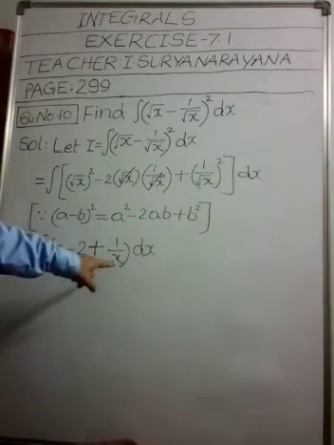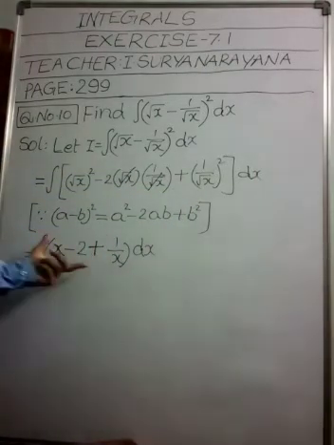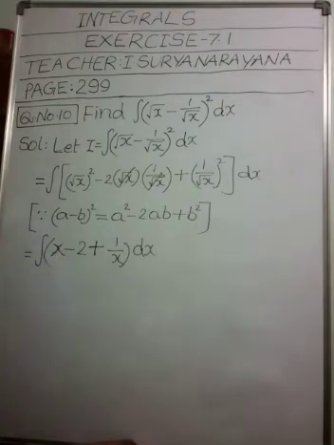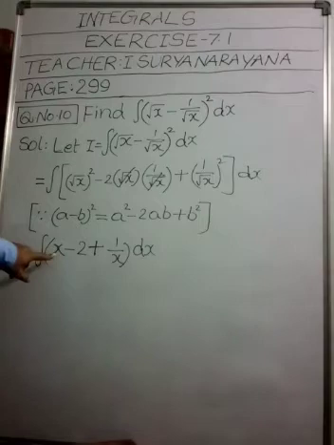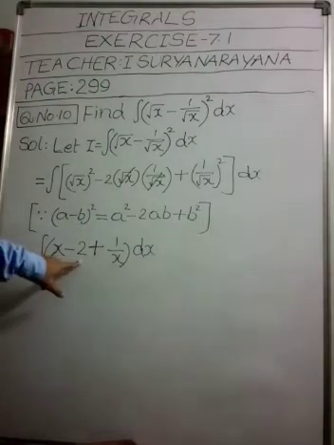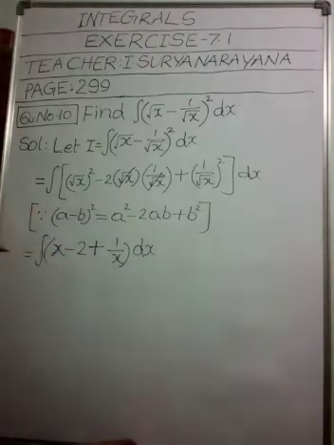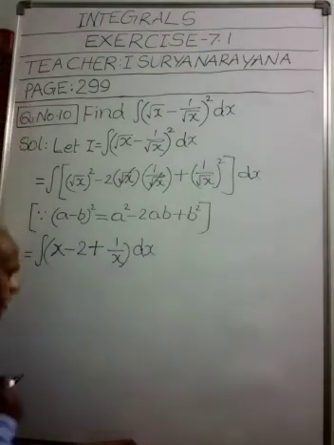1 by x. Right. Now if we observe this integrand, it has 3 terms, namely first term is x, second term is minus 2 and third term is 1 by x. So we can find the integral of each and every term separately and we combine them. Okay, my children? Right.